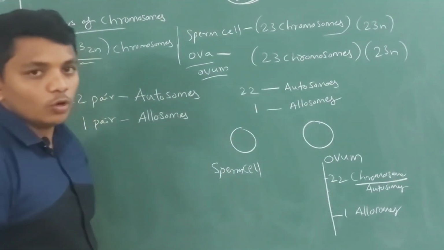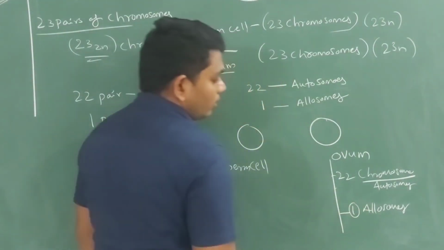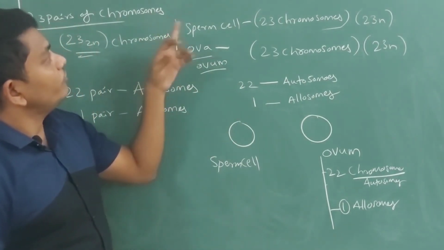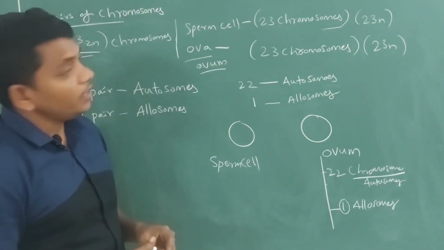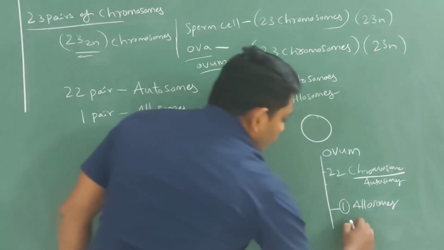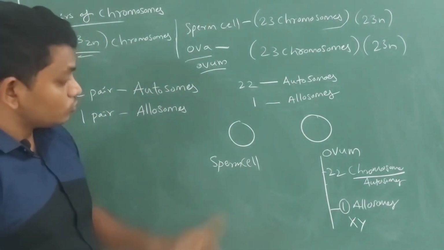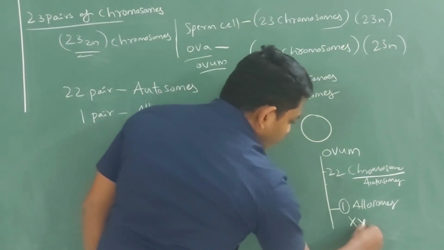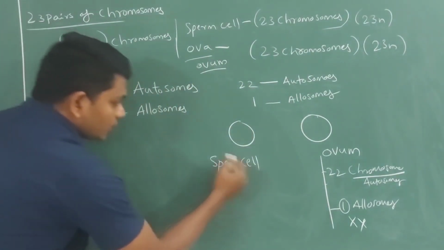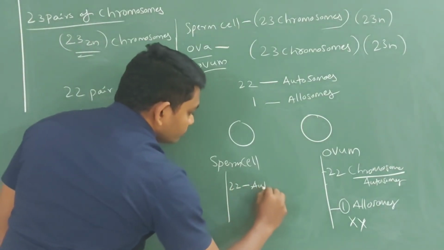This one allosome can be represented like this. I already told you every allele is represented with two English alphabets. Here we have XY alleles in the male and XX alleles in the female, and in the sperm cell 22 autosomes are there.